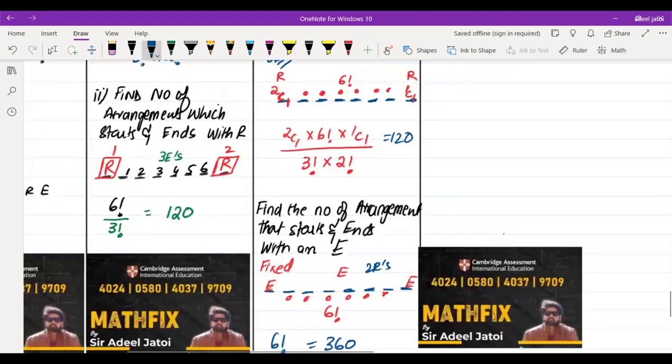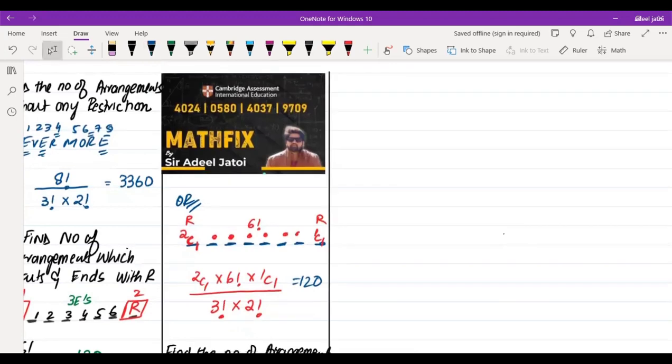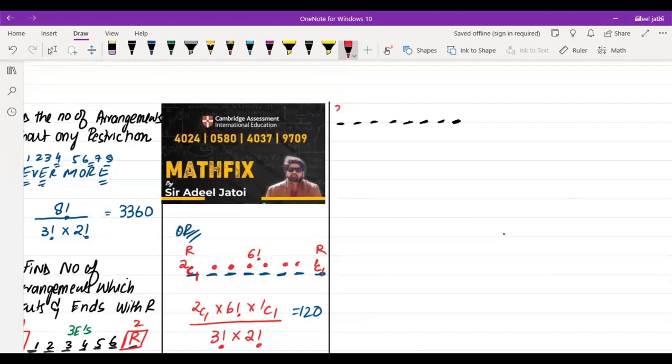Similarly, in this way, if we are not fixing the position, let's say 1, 2, 3, 4, 5, 6, 7, 8. Now, how many E's do we have? We have 3 E's. So at the first position, what we do is 3C1. And at the last we will do 2C1. And obviously, 3C1 means any E can come here.